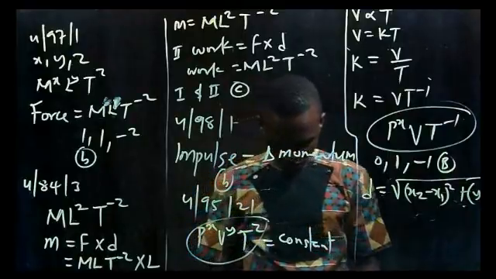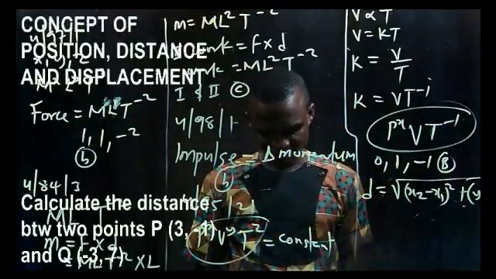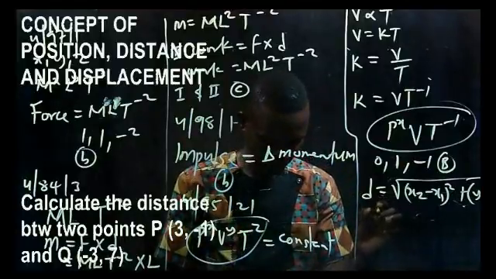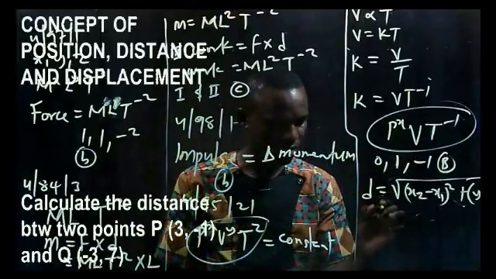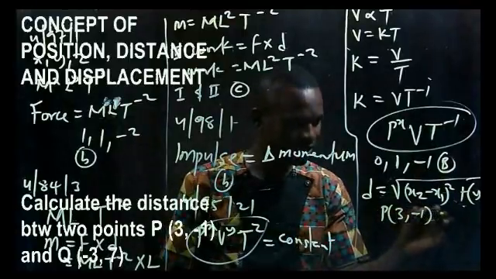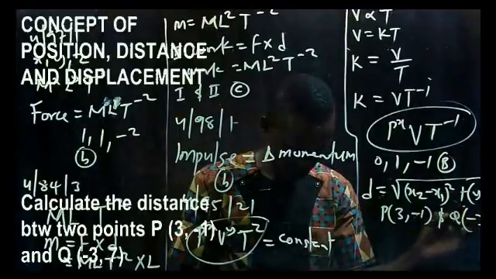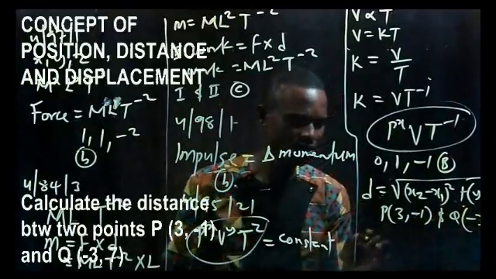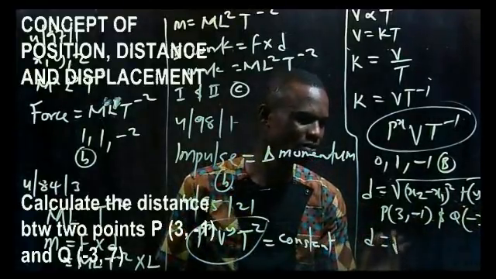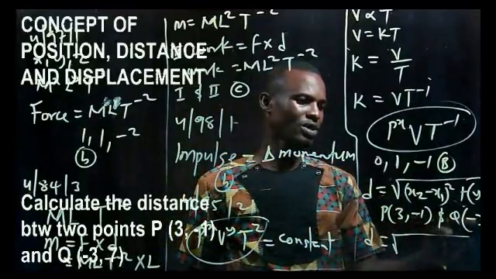We have a question here. Let's consider it. Calculate the distance between 2 points, P (3, -1) and Q (-3, 7). To get your distance, if you apply this expression, this is your x1, y1, x2, y2.